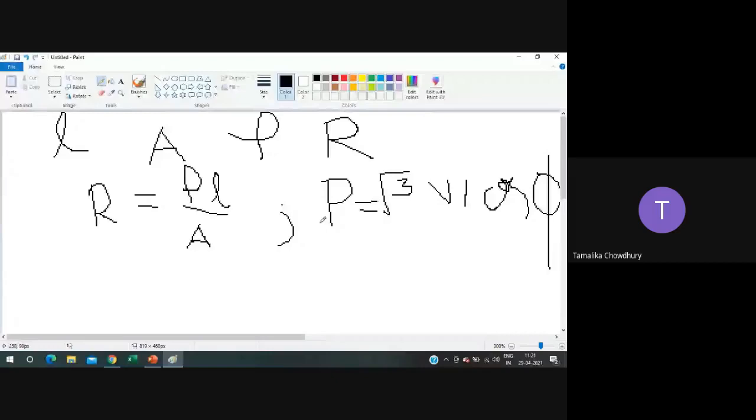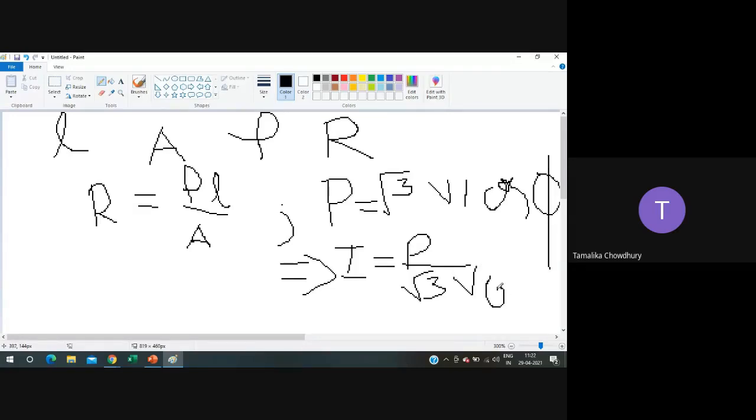Now from here I wrote that I is equal to P divided by root 3 V cos phi.